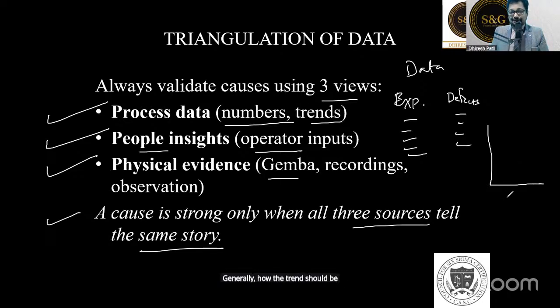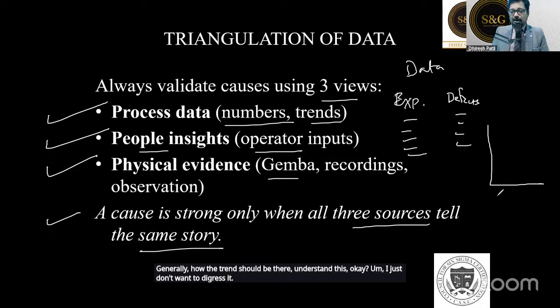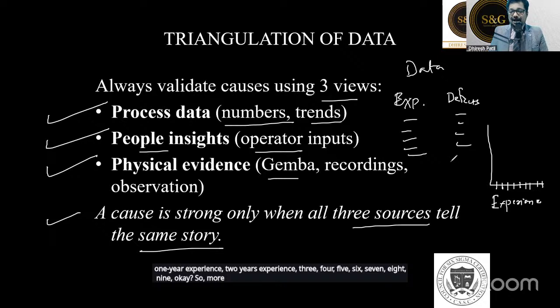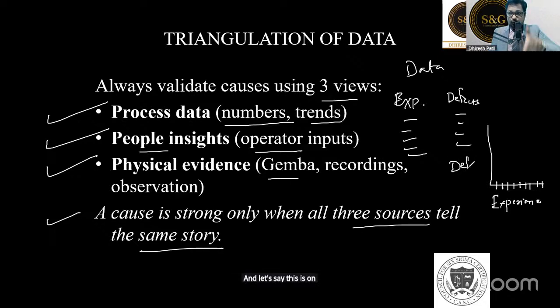I don't want to digress to a different topic, but let's say this is 1 year experience, 2 years, 3, 4, 5, 6, 7, 8, 9. And on the vertical, the y-axis, you have the defects. Let's say 10 defects, 20, 30, 40, etc.